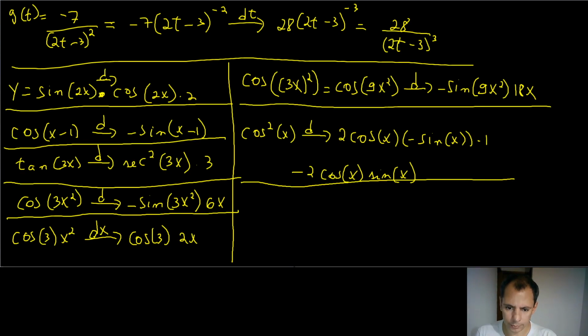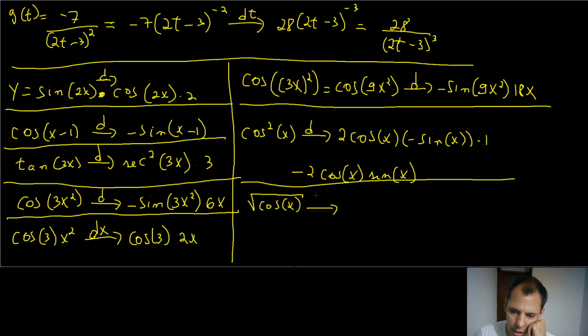The next one, square root of cosine of x. Well, here we have three functions again. The outer function is the square root, the middle function is the cosine, and the inner function is the x.